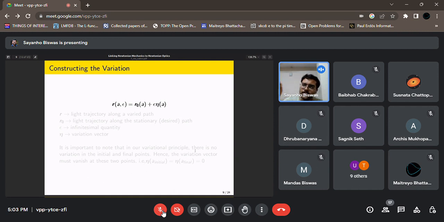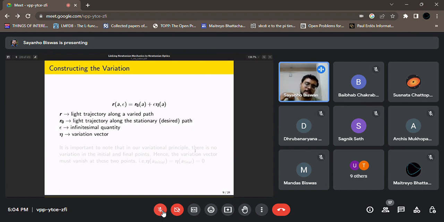As the light is going, at every point there is the position vector denoted by R vector. I'm writing it as a function of a and epsilon. Why? We'll come to that later. R vector equals R0 as a function of a plus epsilon eta vector a. What these things are, let me just put them in front of you.